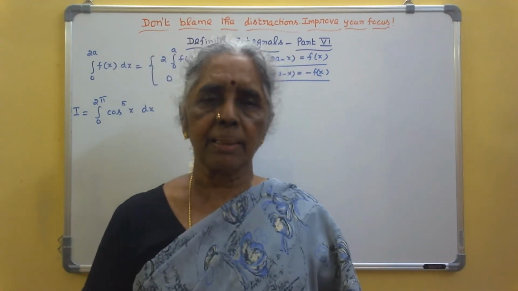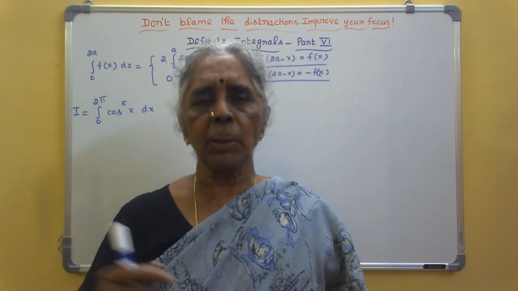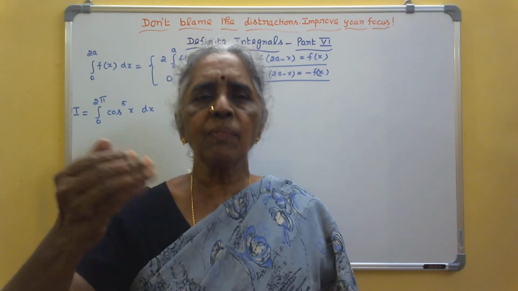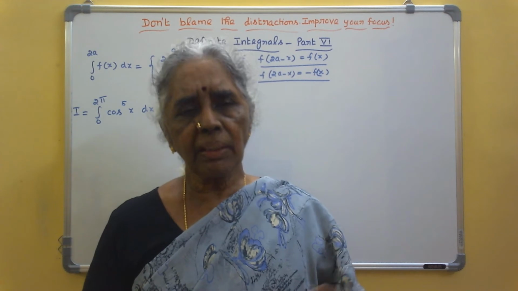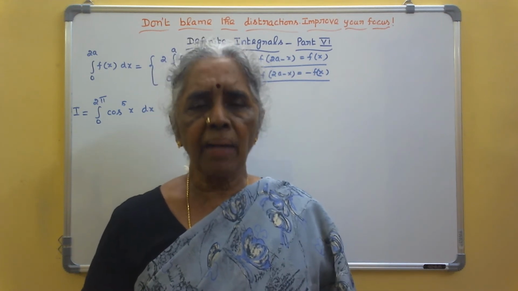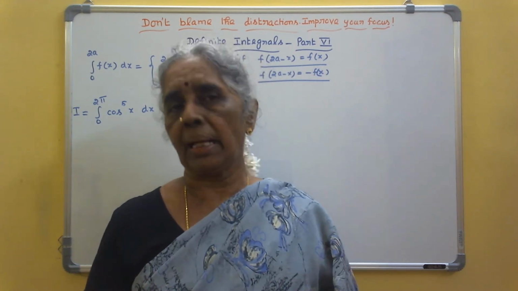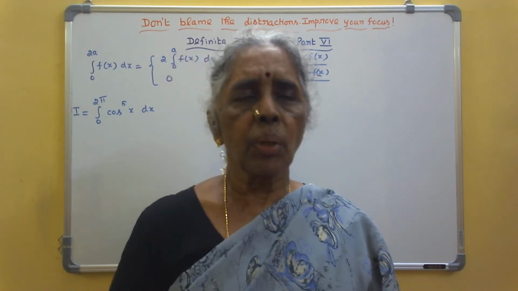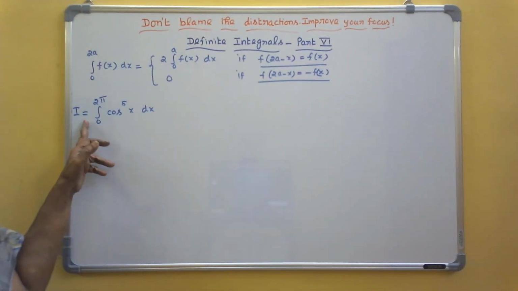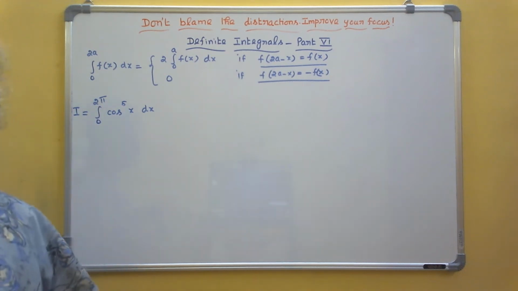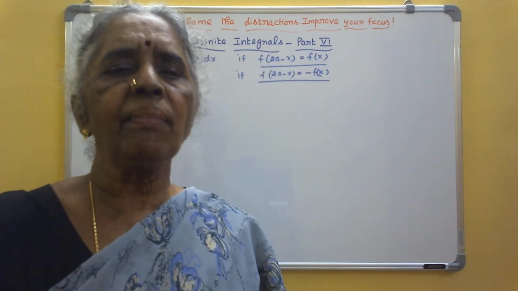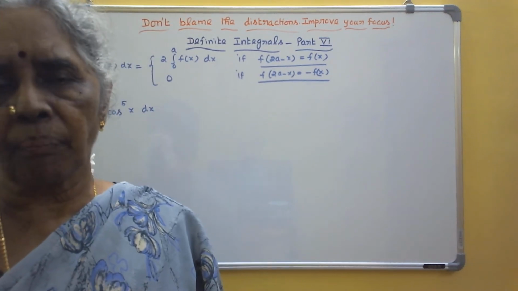This property, normally we will be using it in the middle of some big sums. But I will give you an example sum where we will be using this property alone. Okay. So now I is equal to integral 0 to 2 pi cos power 5x dx.